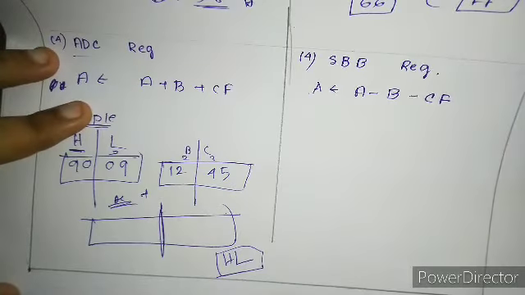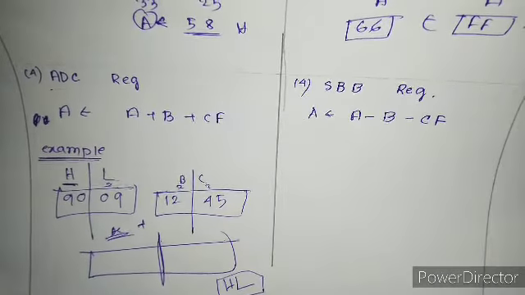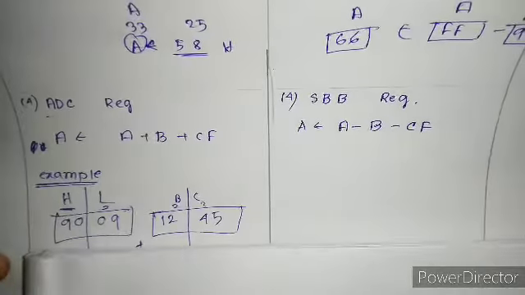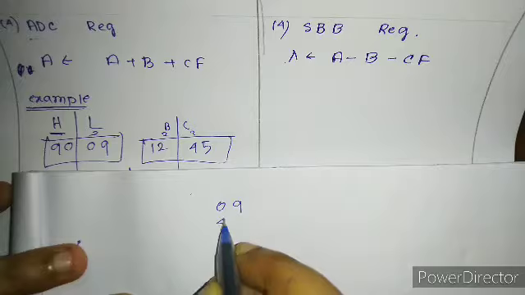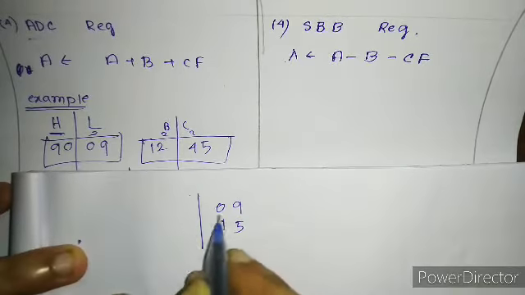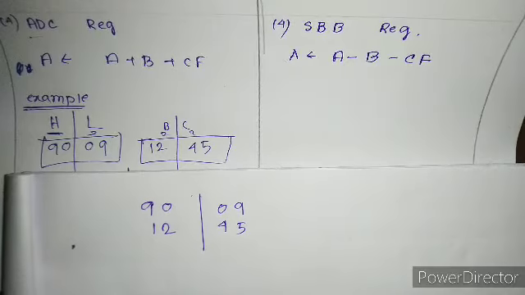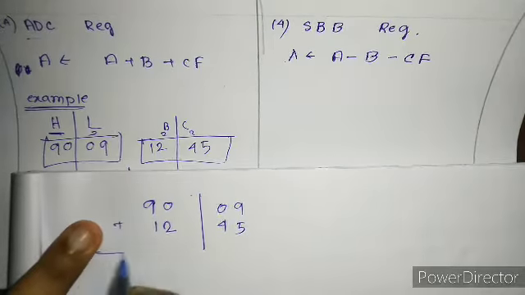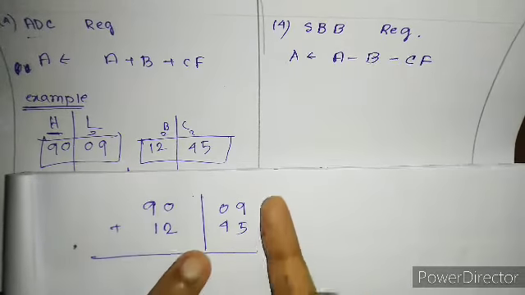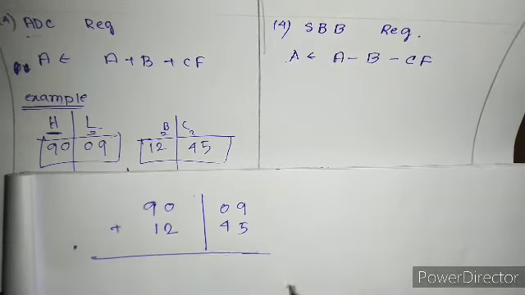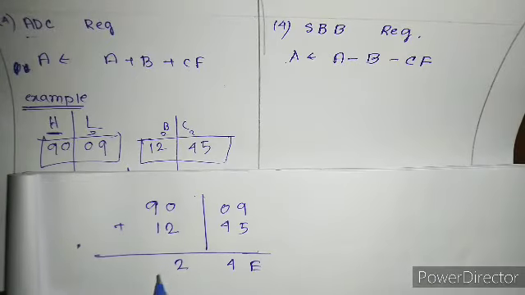Now, probably there is a chance, this is 09 and this is 45, this is 90 and this is 12. We know how to add. First add the lower nibble, then the upper nibble, right? So 9 plus 5 is 14, 14 means E. And this is 4, this is 2, this is 19, 11.